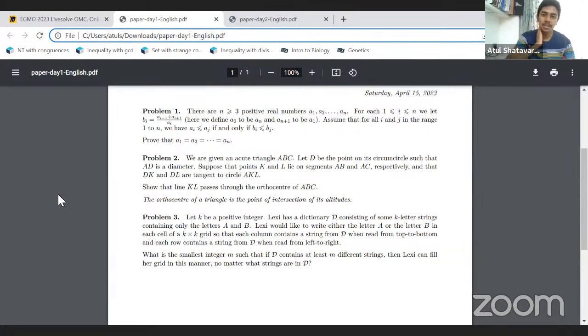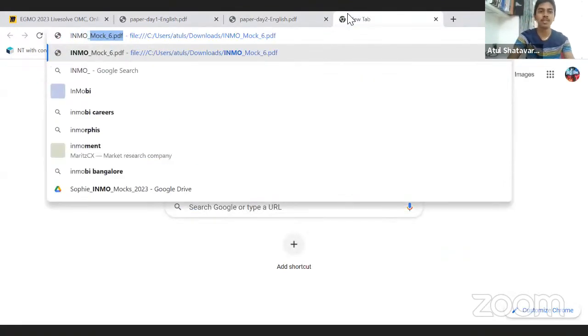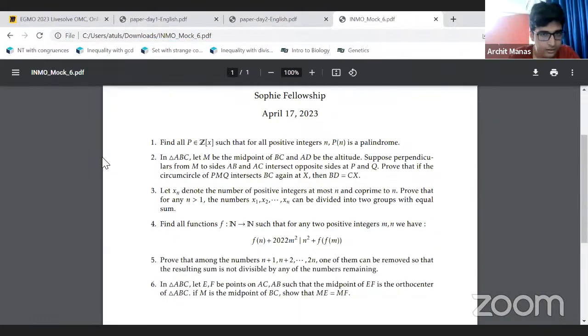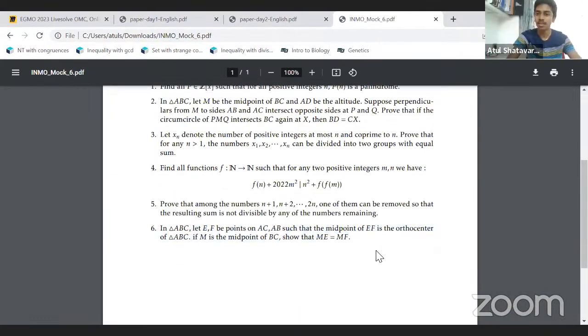Problem 2 looks interesting. Shouldn't we do P1 first? Wait, isn't problem 2 just from the Sophie Germain and other olympiads? I'm fairly sure the idea is the same.